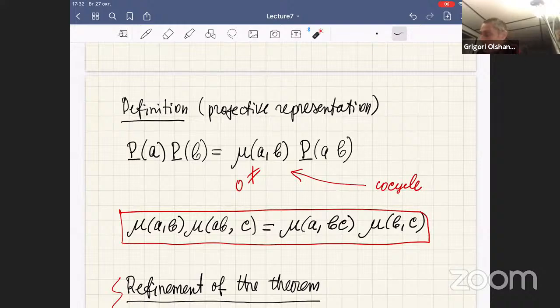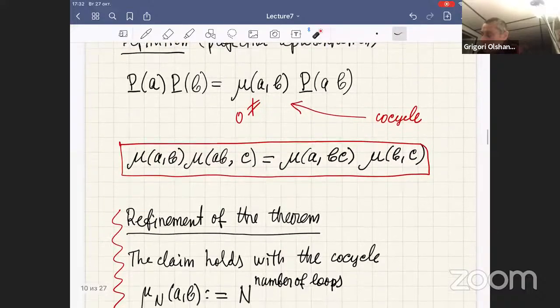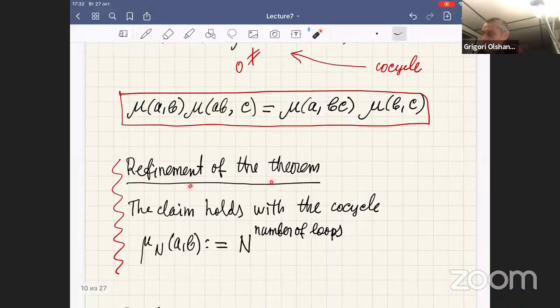First, we multiply A and B, and next we multiply with C. Or we multiply B and C, and next we multiply with A. And the result should produce the same factor in front of the product ABC. So this gives us this condition. And the requirement of the theorem is that the claim holds with a special cocycle.